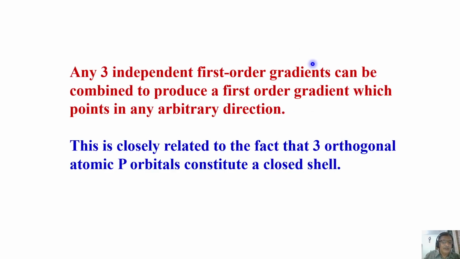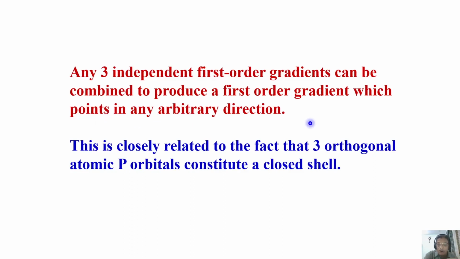Since it is a chemistry course, you know that if I have three orthogonal p atomic orbitals, they can constitute a closed shell. This is an analogy. If I have three independent first order gradients, I can combine them in various fashions and produce a first order gradient which can point in any arbitrary direction of my choice.